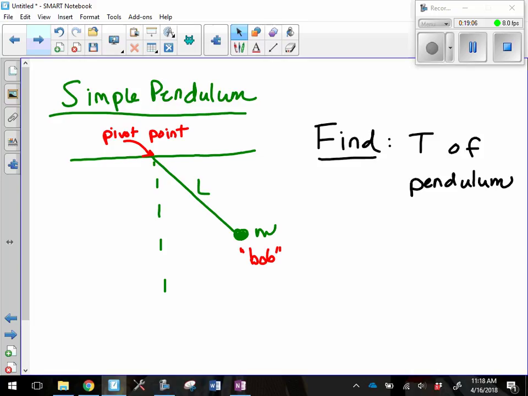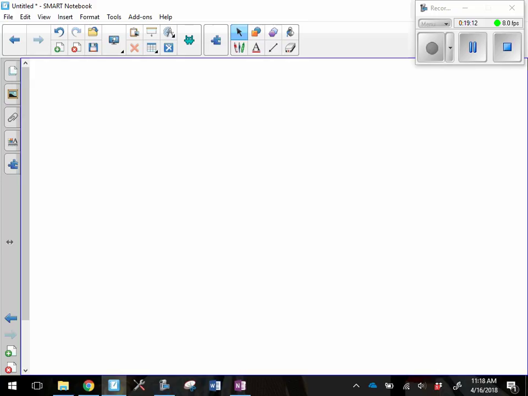Okay, everybody got what they need? All right, so we're going to start by looking at the restoring force, actually. So here's going to be my pendulum. We assume that the string is massless, unstretchable, all those good things so that we can ignore it.